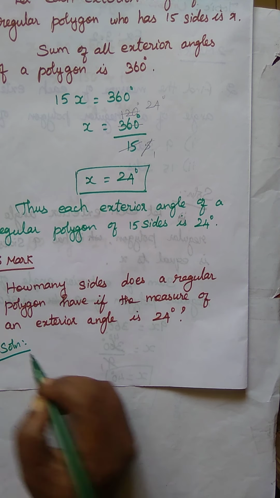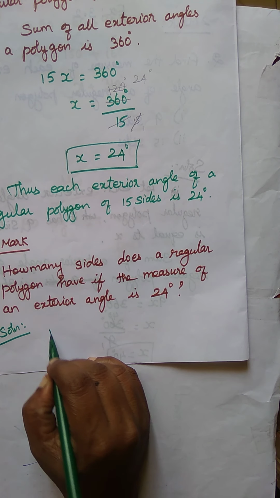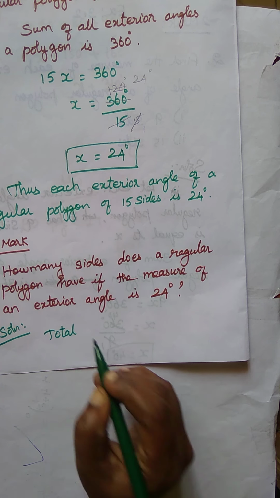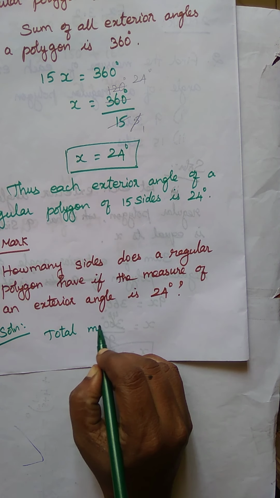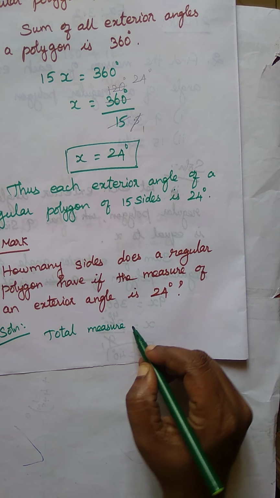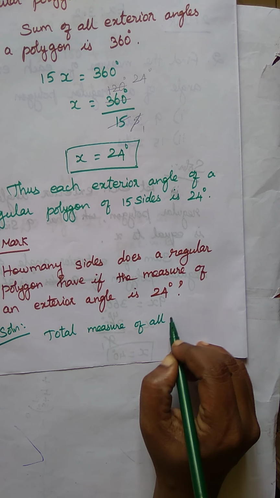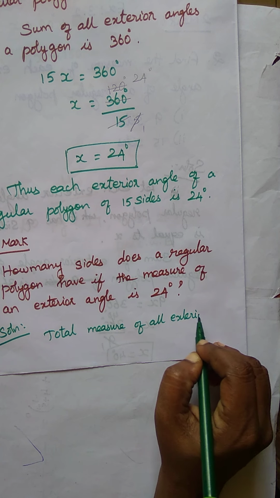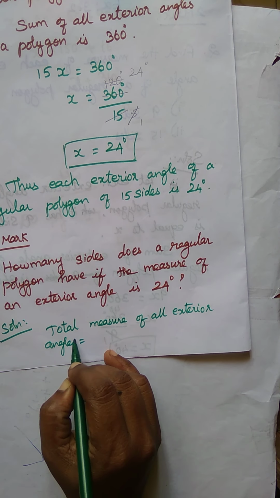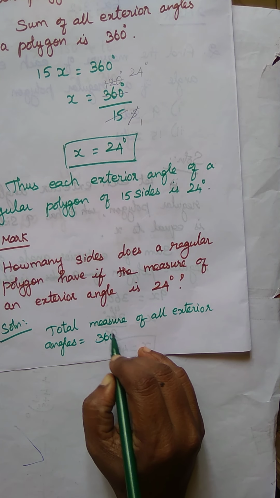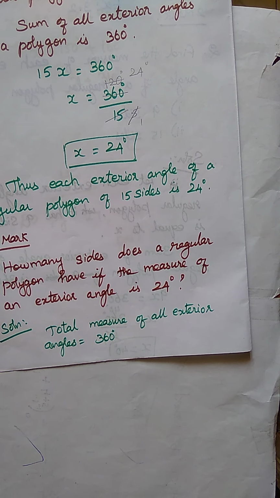Total angle. First step, what is the total angle of the exterior angles of a polygon? That is 360 degree. Using that, we want to find the value. Total measure of all exterior angles. What is that? 360 degree. Very good. So now the next step.